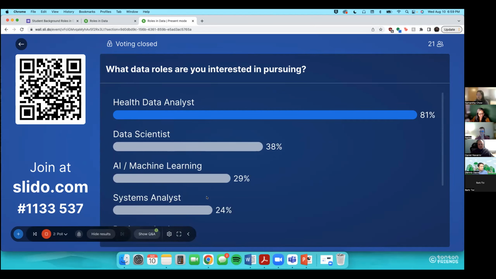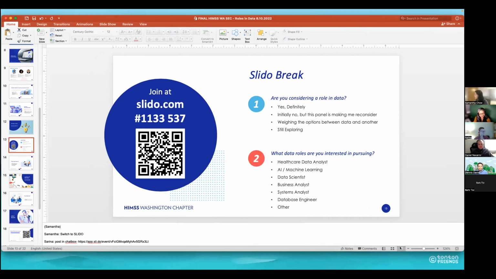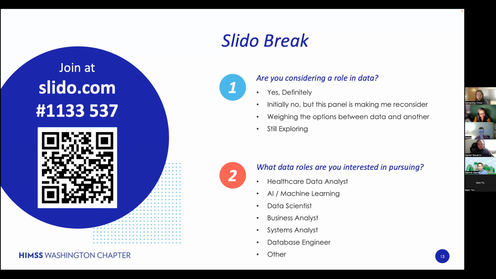Give you guys a short break. And I'm going to go back to the slides now in a second. There we go. Okay. So we can move on to our next question. So the first couple of questions were more specifically about the panelists' roles and things that they specifically would share about their experiences. And the next couple of questions are going to be more about their advice for students.